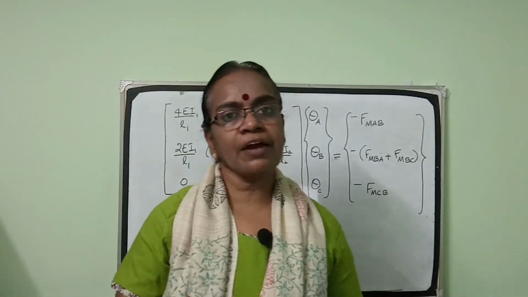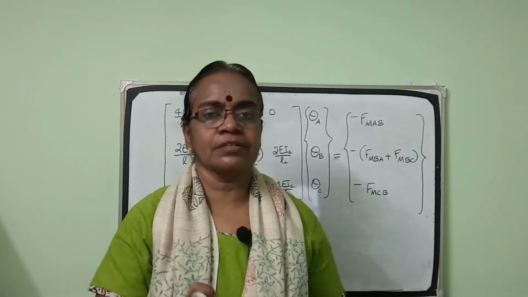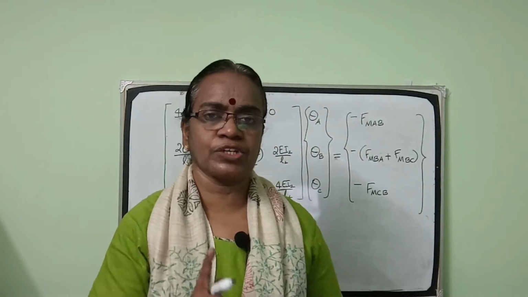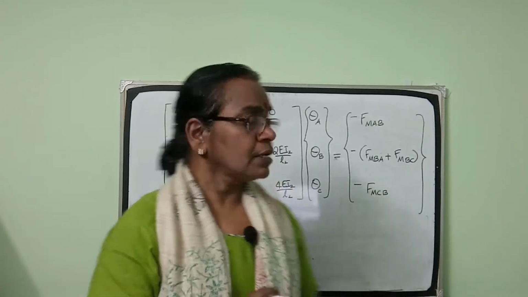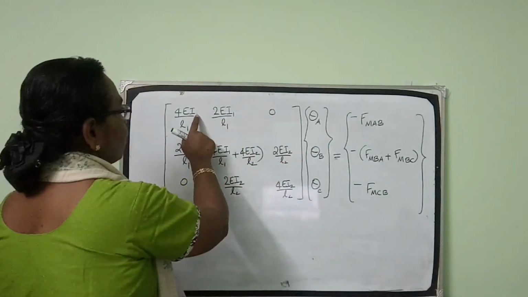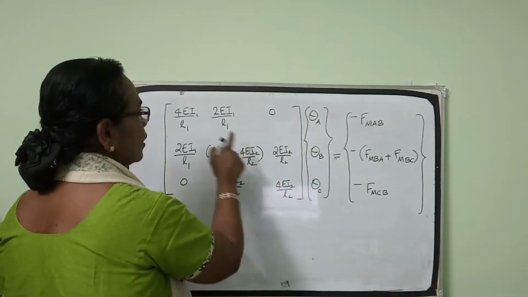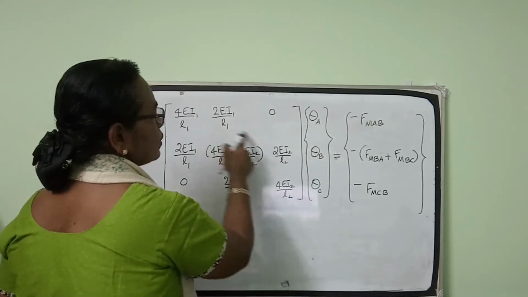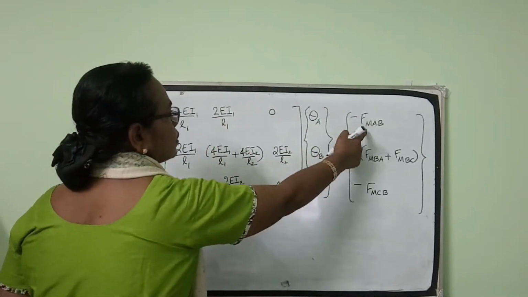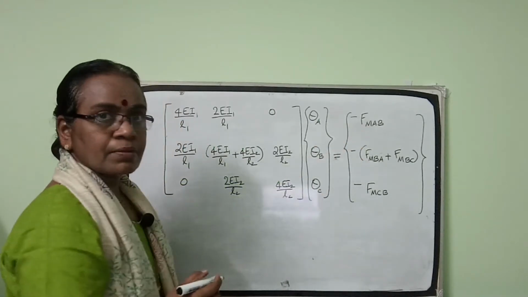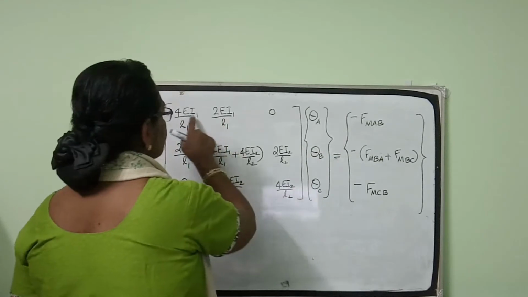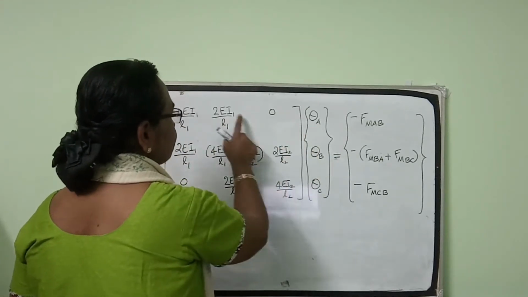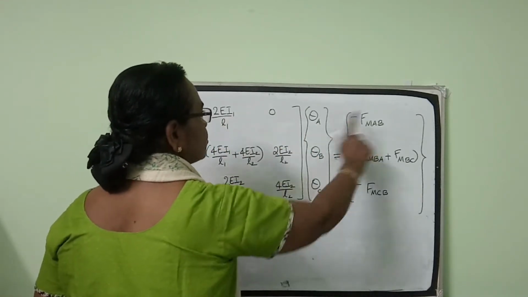So now I have rewritten the slope deflection equations, equations 1, 2 and 3, in a matrix form. Let us check the first equation: 4EI1 by L1 into theta A plus 2EI1 by L1 into theta B plus FMAB is equal to 0.